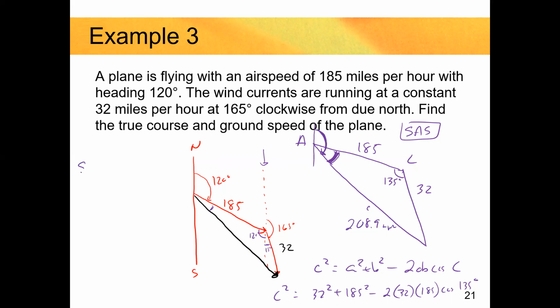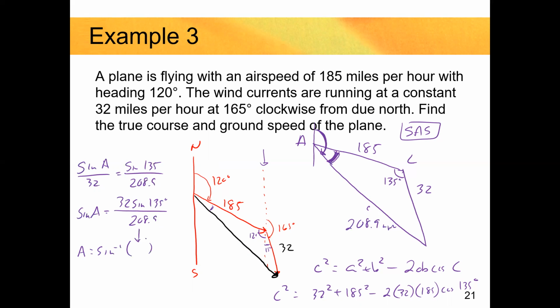So I think I can put it right over here. How about this? Sine of angle A over 32 is equal to sine of 135 over 208.9. Okay, doing that and then taking the inverse sine of it.